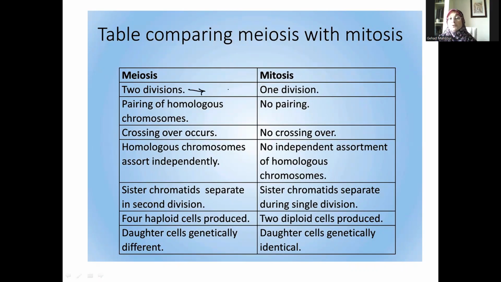Meiosis involves 2 rounds of nuclear division followed by cytokinesis, whereas mitosis involves only 1 round of nuclear division followed by cytokinesis.